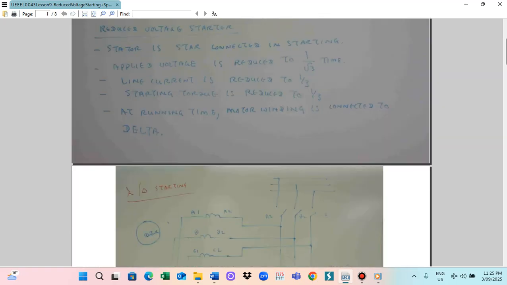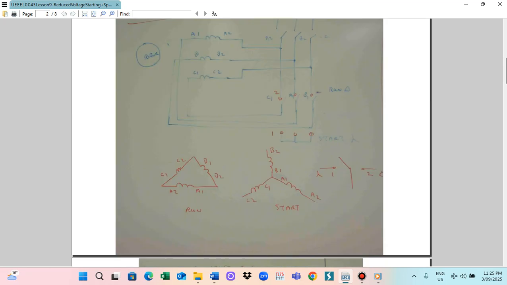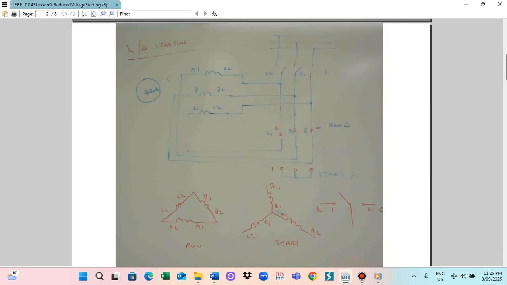This is for the starting method. The motor we connect to the starter like this, so that at the starting time, this switch is connected to this terminal. It has two positions, and it can connect to position 1 or position 2. At the starting time, we connect to position 1.